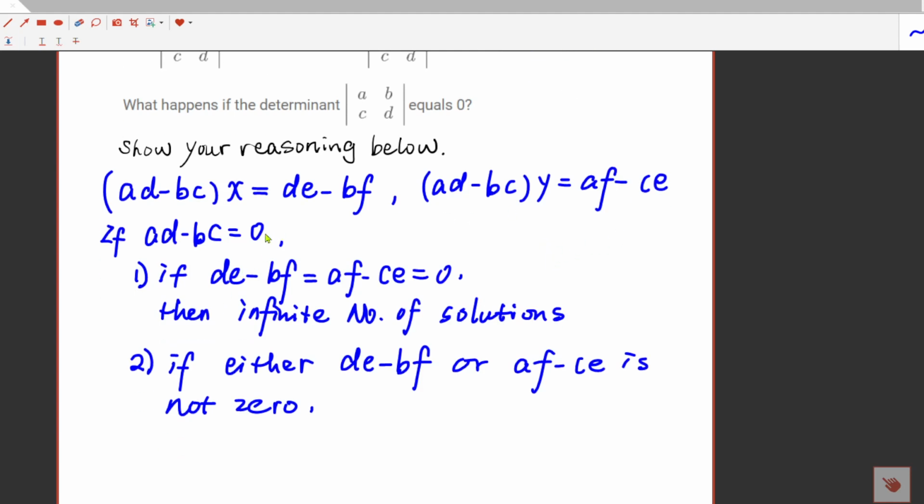Then x or y does not have any solution, because you can't have any number times 0 equals a non-zero number, right? So in this case, there are no solutions to this system.